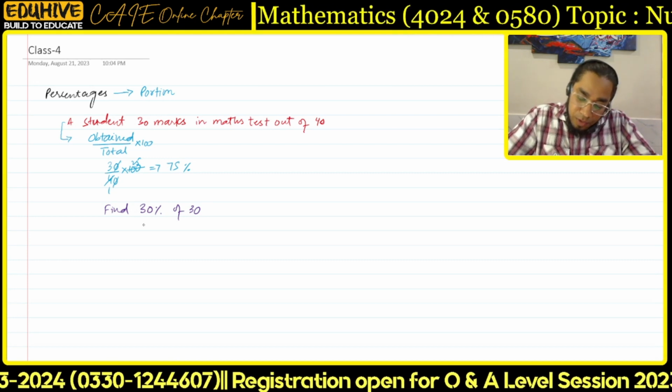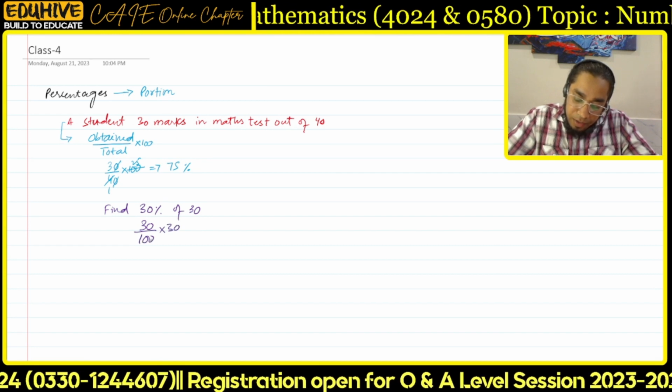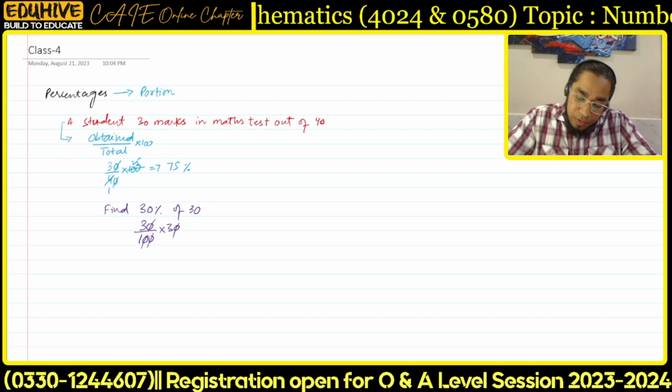Yeah, that will give you the result. That's going to be 30 over 100 multiplied by 30. So the 0 will cancel and the 0 will cancel over it. That becomes 9.